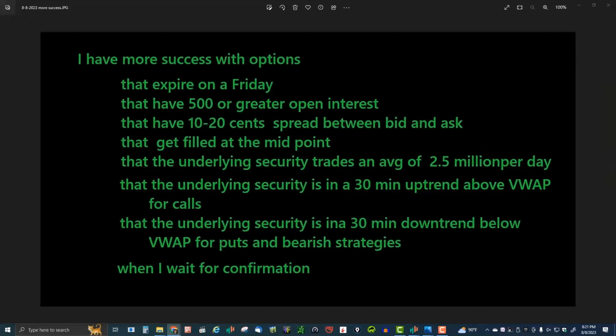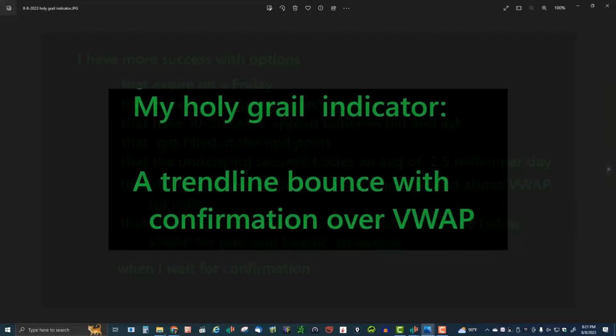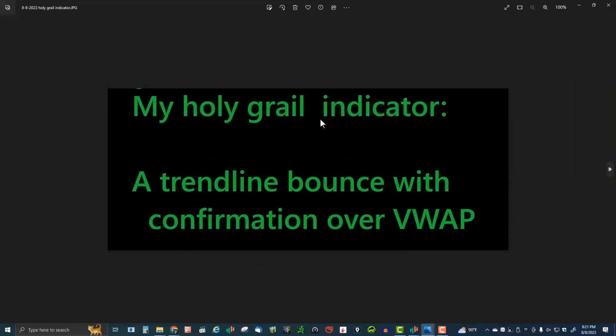Now, my favorite indicator, my holy grail indicator, this is what I like, is a trend line bounce with confirmation over VWAP.